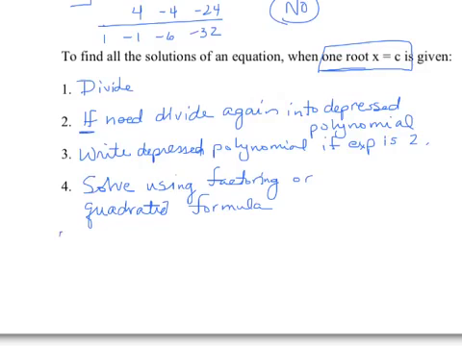And step 5, I didn't leave space for it, is write your solution like this, including your original given root, because that number, whatever that number is, needs to go here also because it is one of the solutions.